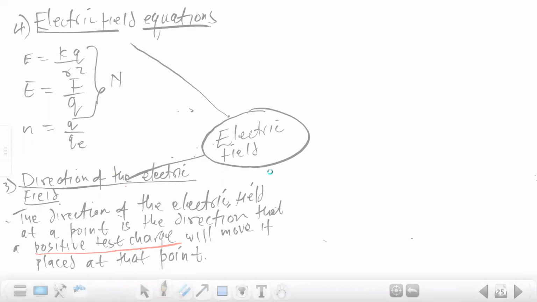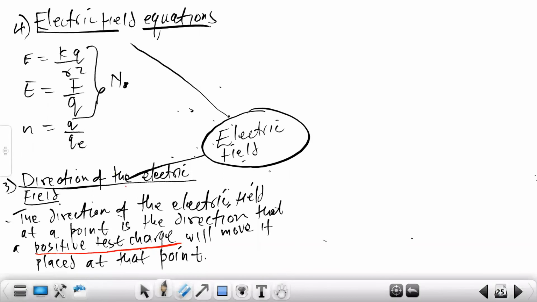Where does Newton per Coulomb come from? From the second equation, where F is measured in newtons and Q is measured in coulombs. So it will be Newton per Coulomb regardless of what you use. The third equation has Q over Qe, which is the number of electrons. This is an equation I want us not to forget, because it works throughout the whole topic.